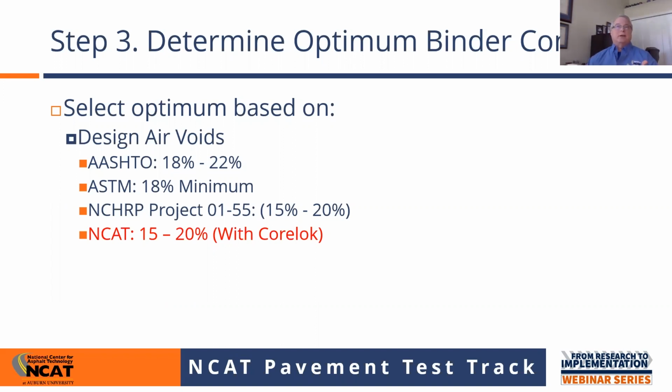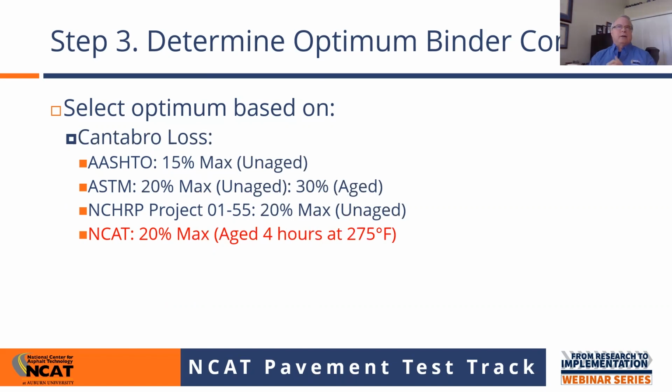So you look at air voids. The second thing we're going to look at is Cantabro loss. Again, AASHTO has 15% maximum loss on an unaged specimen. ASTM has 20% maximum unaged, 30% if it's aged, and I think these are averages, and I think they also include that an individual value can't be over 50 or something like that.